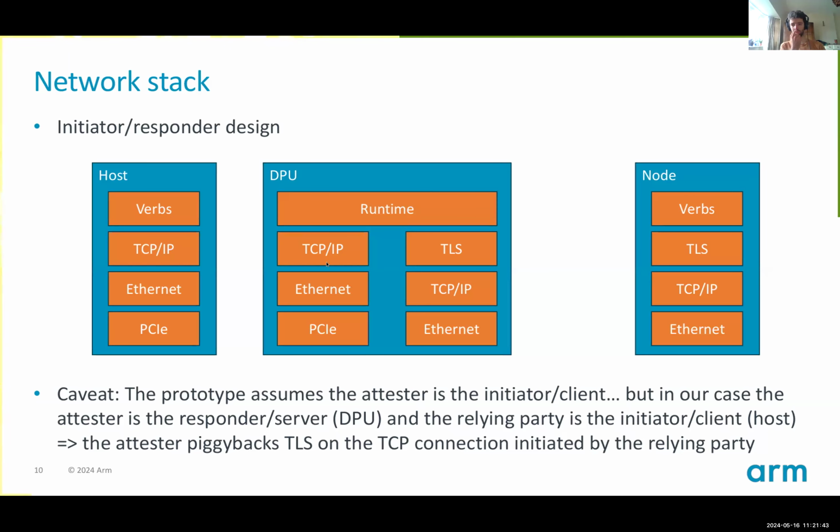It's kind of what AWS Nitro is doing right now. The control plane is running on the DPU, and the DPU is spawning VMs on the host CPUs. So I don't know how TDISP is going to play out in this case.